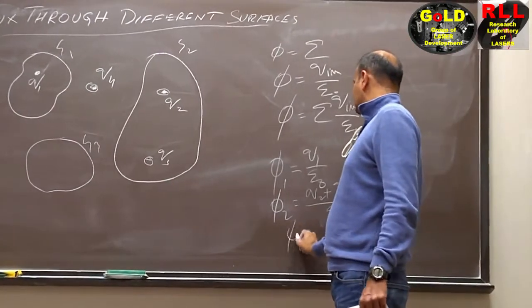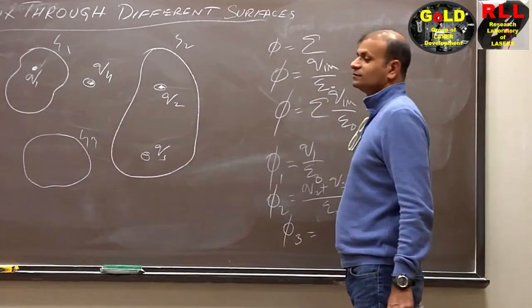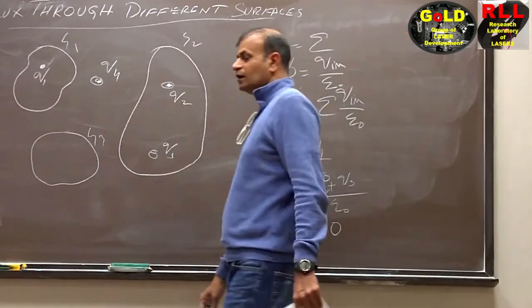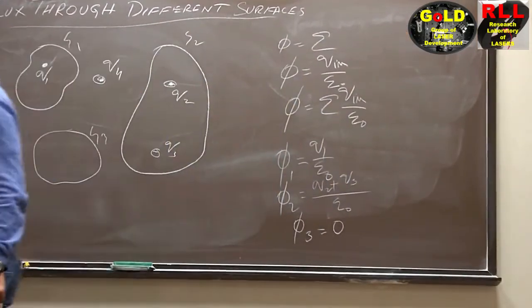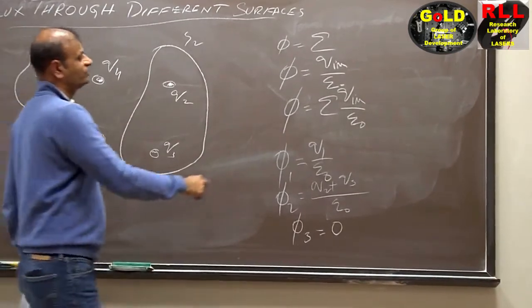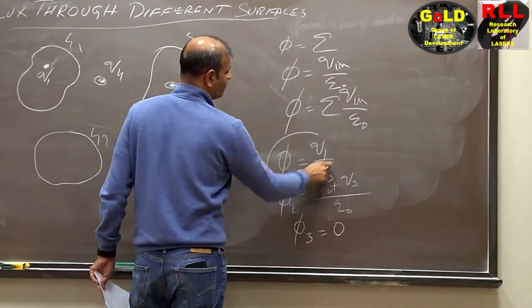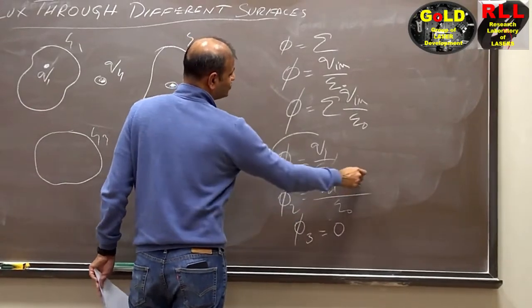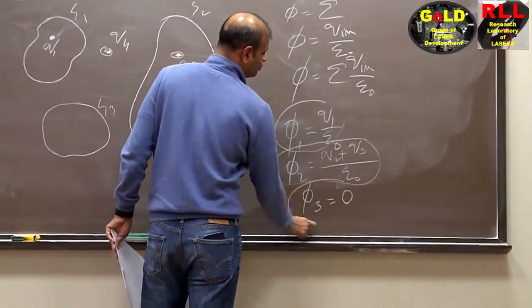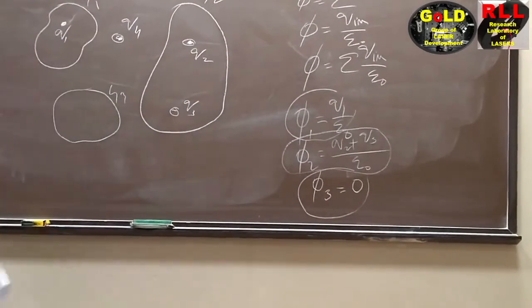And how about this one? 0. So flux through one surface is this one, flux through the other surface is this one, and flux through the third surface is this one.